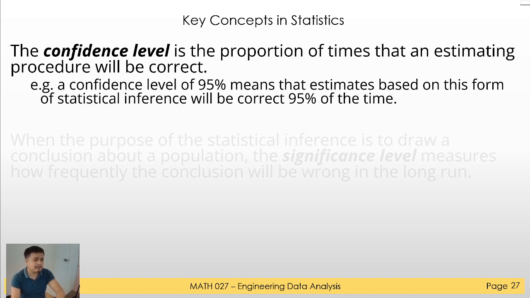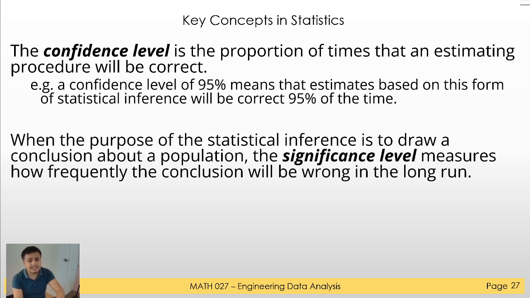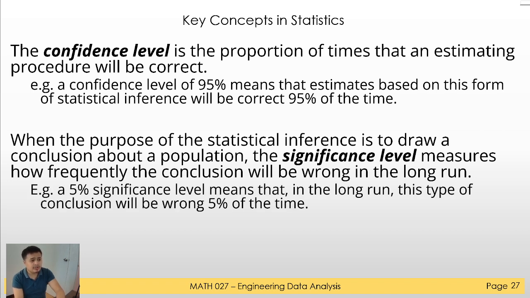So in contrast to that, an opposing level will be the significance level. Basically, this is complementary. The confidence level and significance level are unitary complements, which means if your confidence level is 95%, the significance level is 5%. Okay? So you could be 5% wrong of the time.